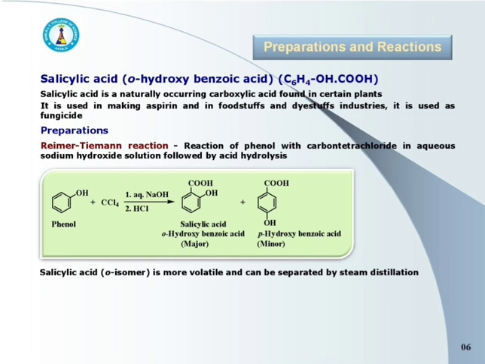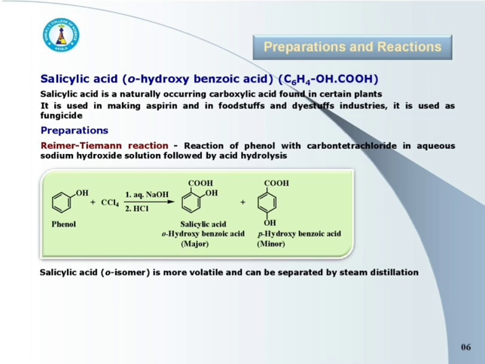In this reaction, salicylic acid can be prepared by reacting phenol with carbon tetrachloride in aqueous sodium hydroxide solution, followed by acid hydrolysis. This is the Reimer-Tiemann reaction.